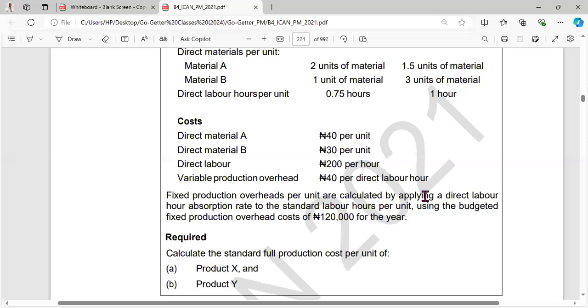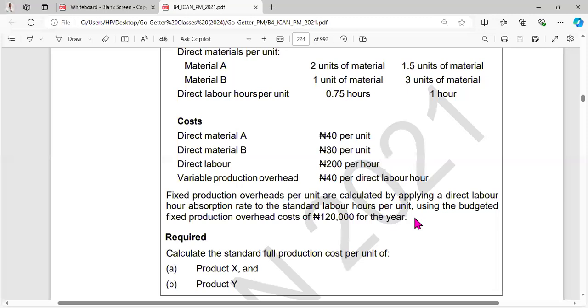Fixed overhead is calculated by applying a direct labor hour absorption rate to the standard labor hours per unit. This is done by the accountant, using the budgeted fixed production overhead cost of 120,000 for the year. It's just like saying I'm paying 20,000 naira for Zoom every month and I do it times 12 months, it's going to be 240.